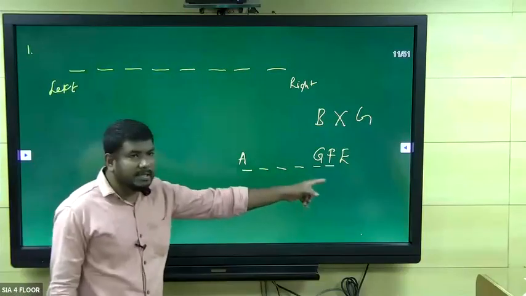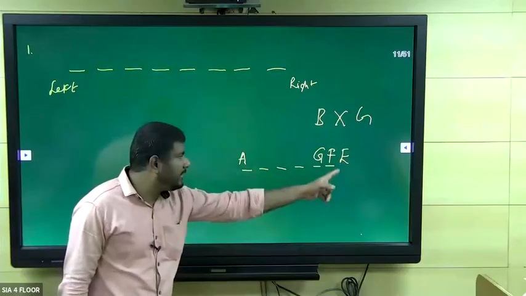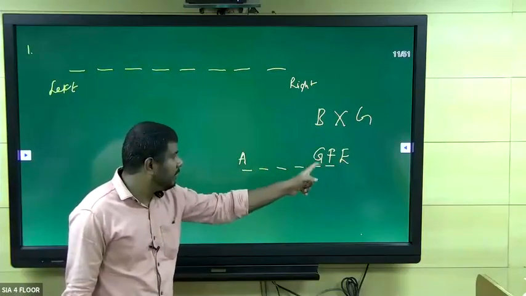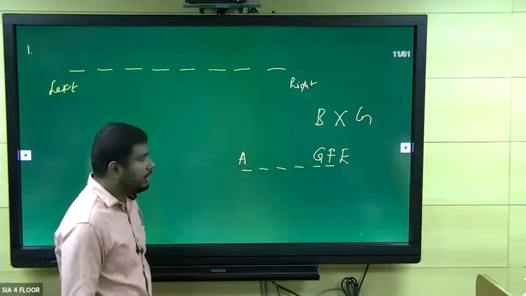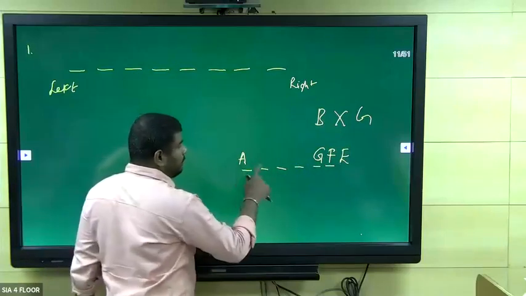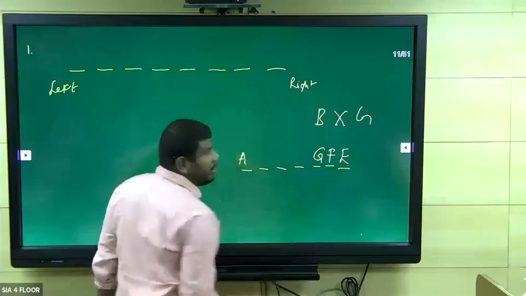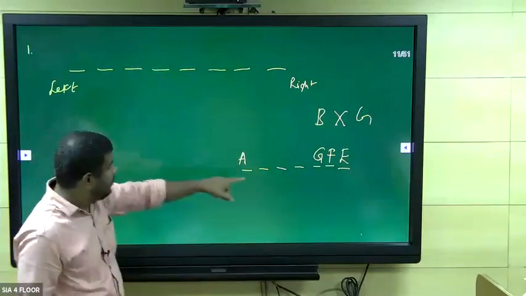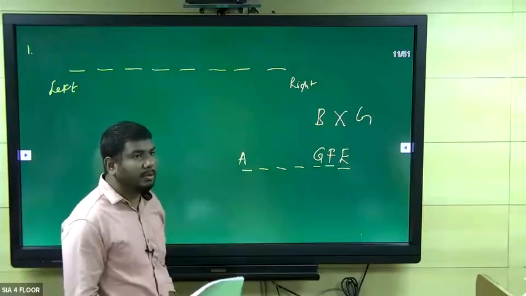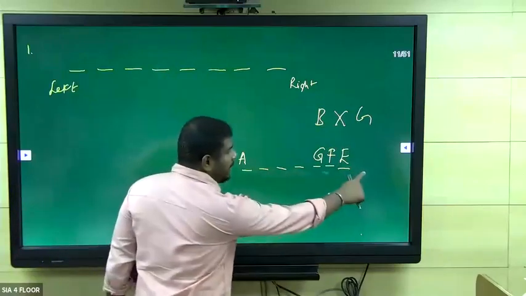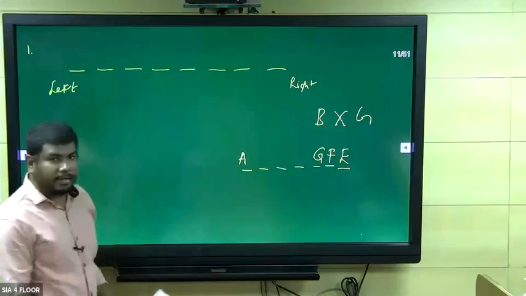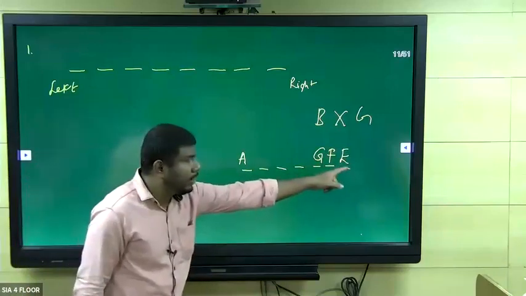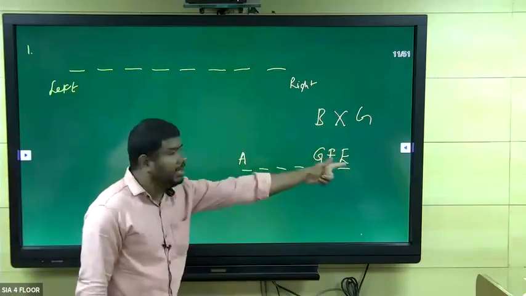A is sixth to the left of E. So E is here, and to the left 1, 2, 3, 4, 5, 6. Now count all the members: totally 7. We should make 8, right? Now we have 7, so one count remains. That one person will come either in the front or in the end.